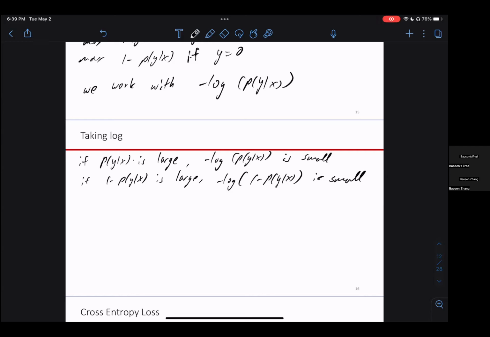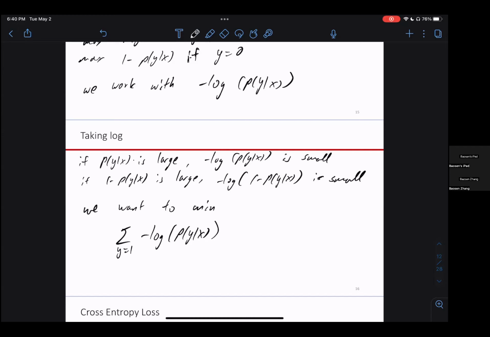So our goal is to minimize the following. When the labels are 1, we want this number to be small. Okay, right? So you're summing over all the data where your label is 1. In this case, you want p(y|x) to be large.